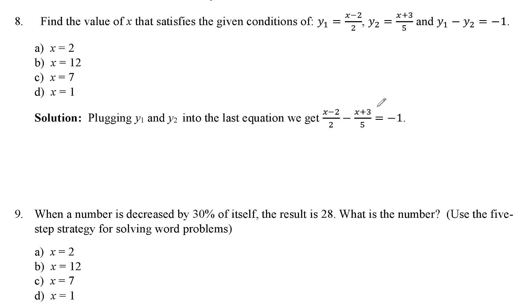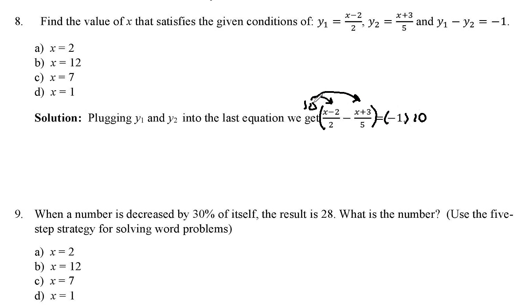So now we've got an equation that's got fractions in it, and we want to multiply through by the LCD to get rid of those fractions. Least common denominator here is 10. So we'll multiply by 10 on the left, and then also on the right.